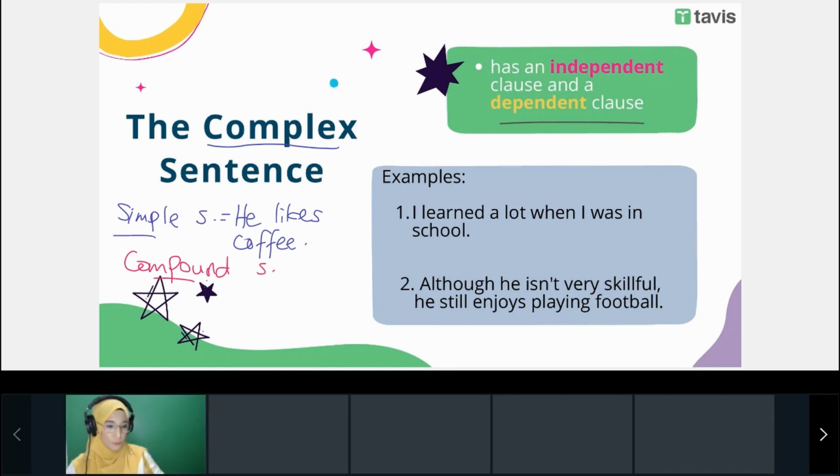Compound means two, in this case, two simple sentences, but you need to have a conjunction.